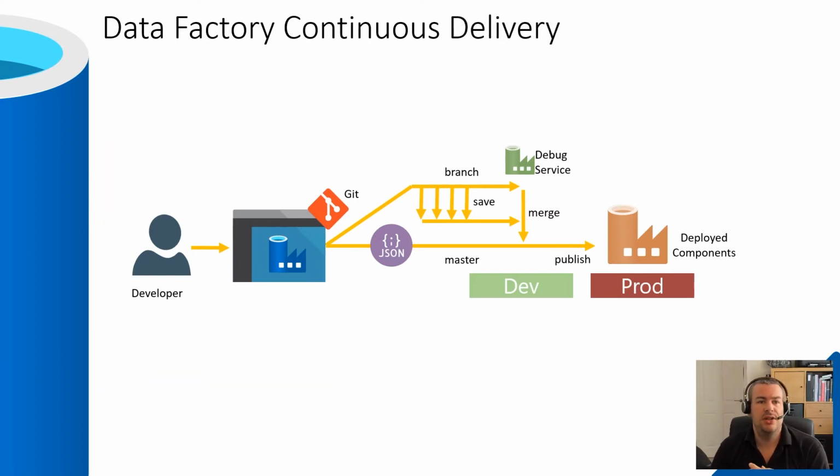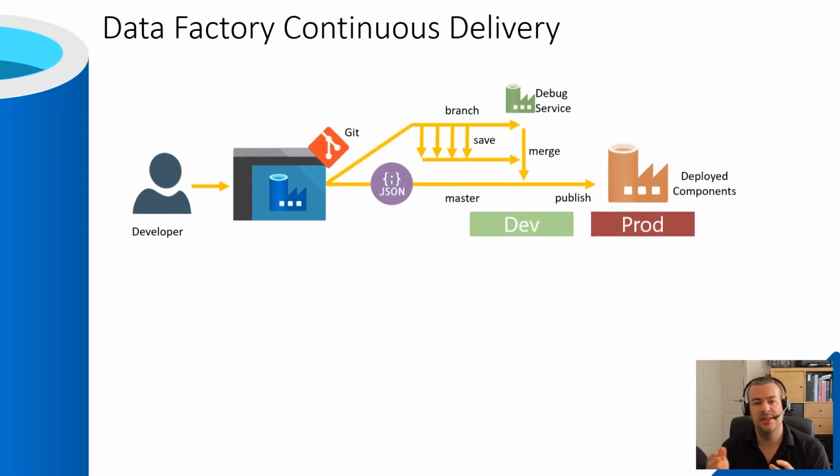Let's turn our attention now to delivery, or deploying our Data Factory, because as I've said, we can hit publish from that developer UI and it will deploy those components for us. What you can see from the visual here is that I've made a distinction between where we have that developer Data Factory, or dev environment, and we get that debug capability that comes with it.